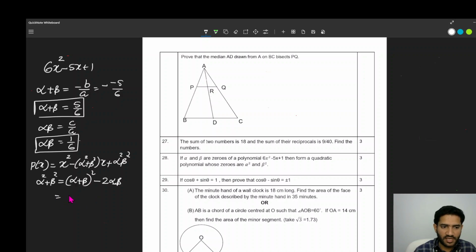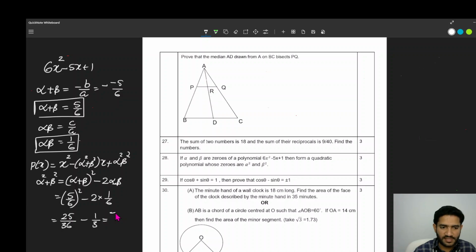Alpha plus beta is equal to 5 by 6, so 5 by 6 whole square, minus 2 into alpha into beta, which is 1 by 6. So this is 25 by 36 minus 1 by 3.